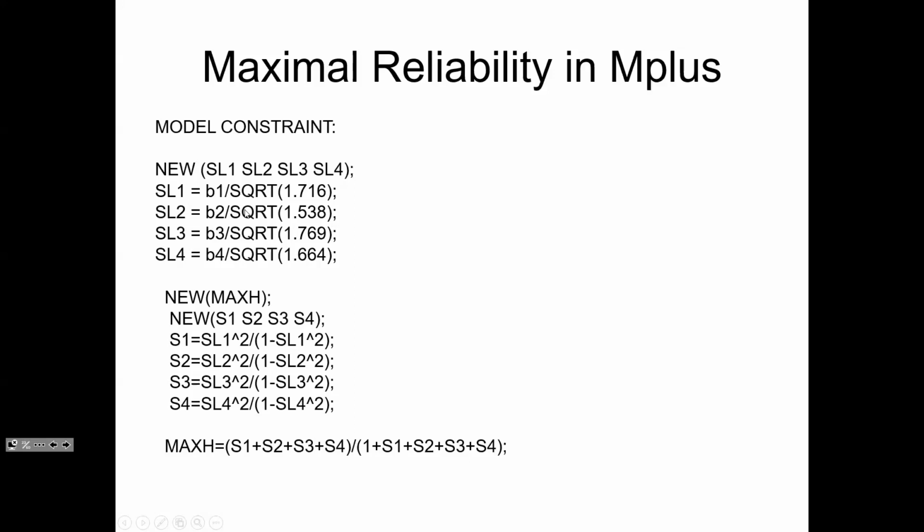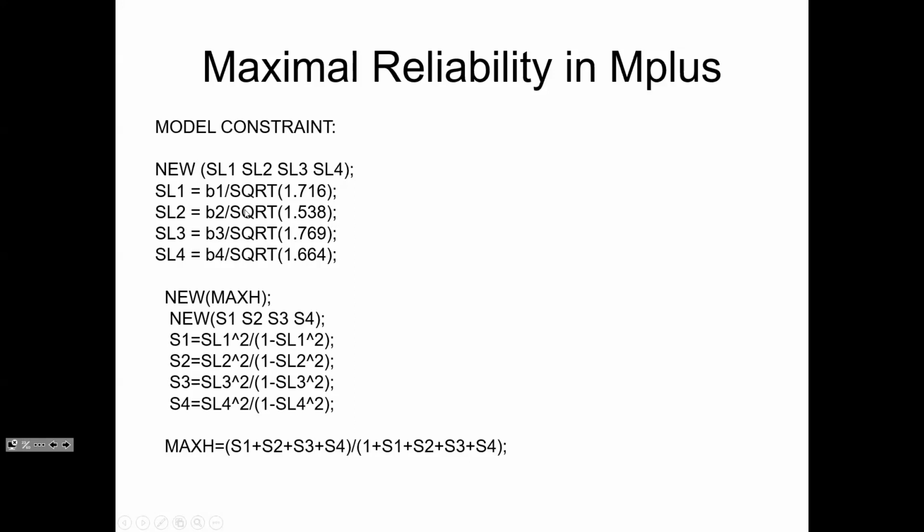And I do that for each of those, S2, S3, S4. And so I've got each of those terms. And then I can just compute max H, which is just going to be S1 plus S2 plus S3 plus S4 divided by 1 plus S1 plus S2 plus S3 plus S4.